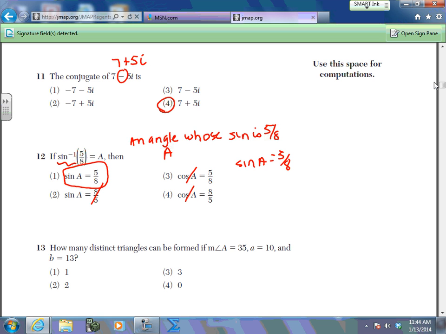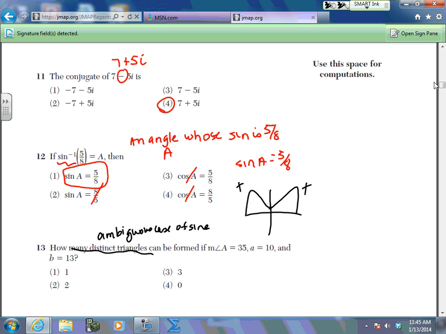It was actually more confusing than that. How many distinct triangles? This is your ambiguous case of sine. Sine is the only one that has an ambiguous case, because sine is positive in quadrant 1 and positive in quadrant 2. So sometimes when you use your law of sines, you can find another angle.